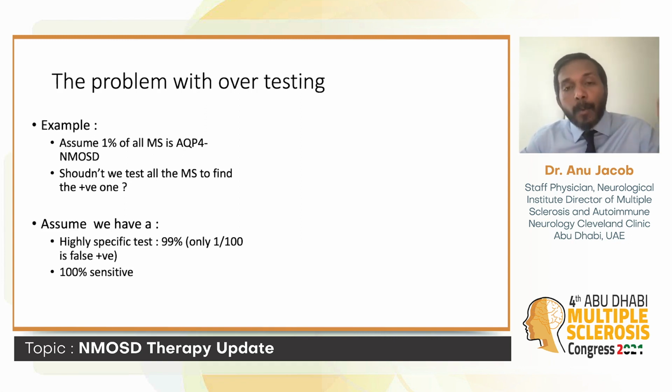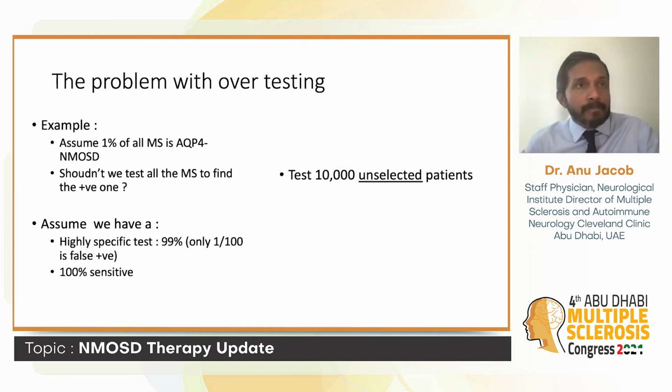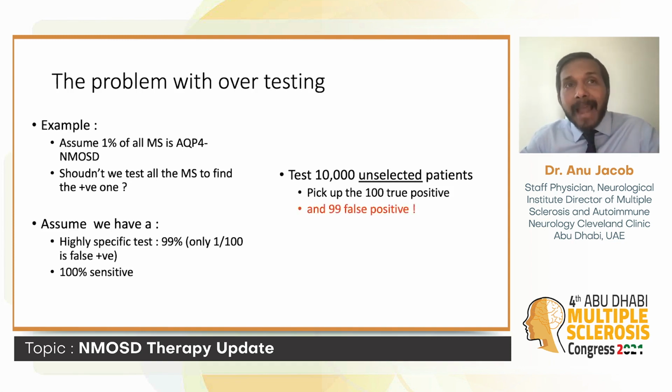Now imagine we went on to test 10,000 unselected patients with MS. You would pick up all the 100 true positives because it's 100% sensitive, and you'd pick up 99 false positive patients because the prevalence of the disease is so low, and then you are in trouble.